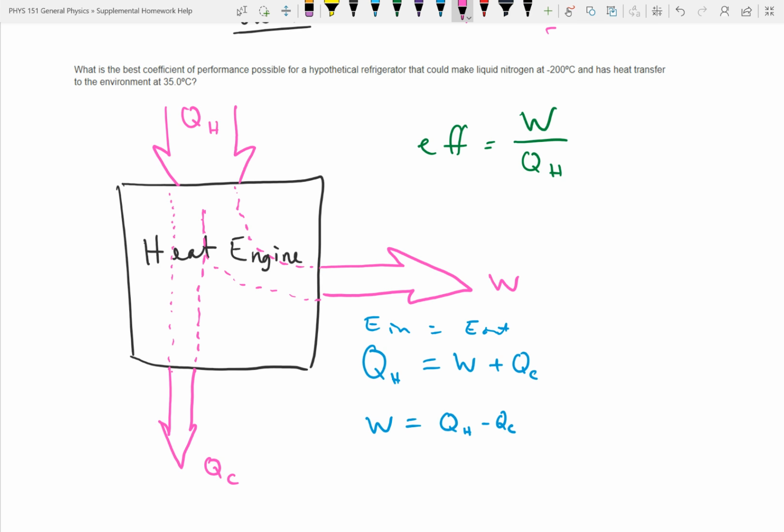This problem is not about a heat engine. This problem is about a refrigerator. So what's the difference between a heat engine and a refrigerator is a huge question.